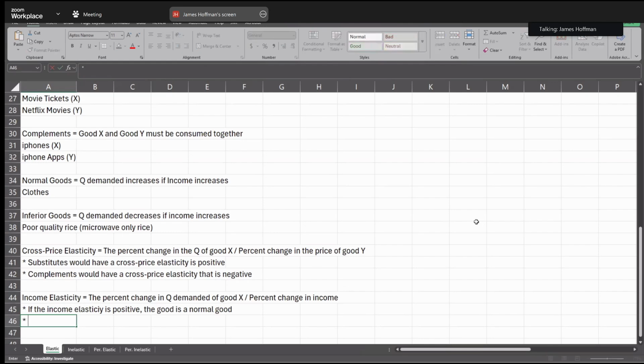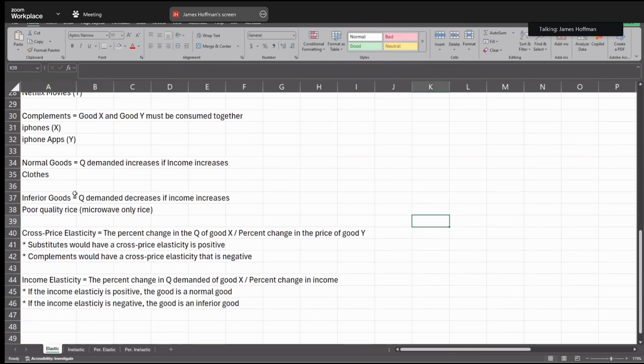And if the elasticity is negative, the good is an inferior good. Okay. Which is just the way we define it here.